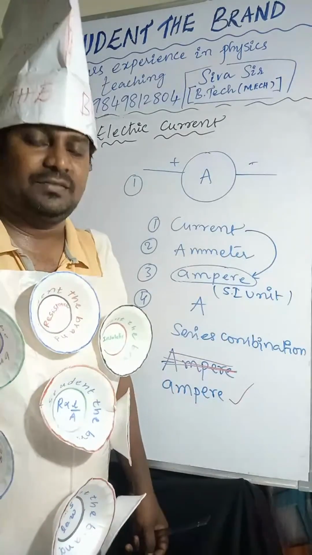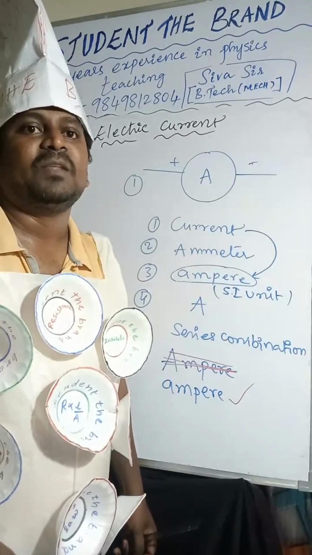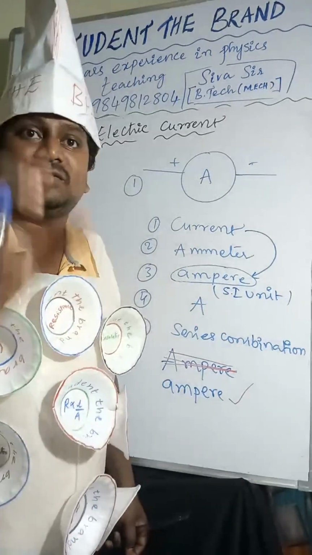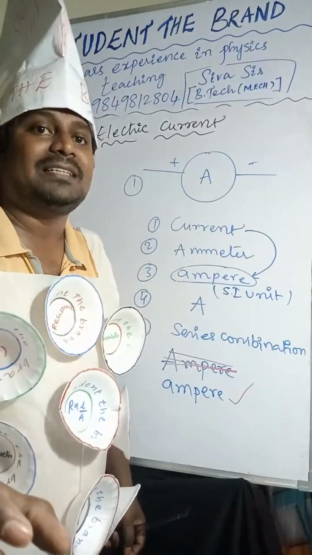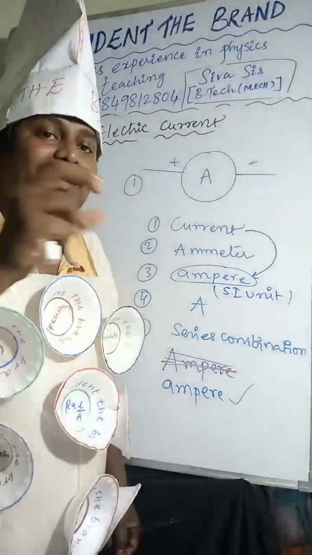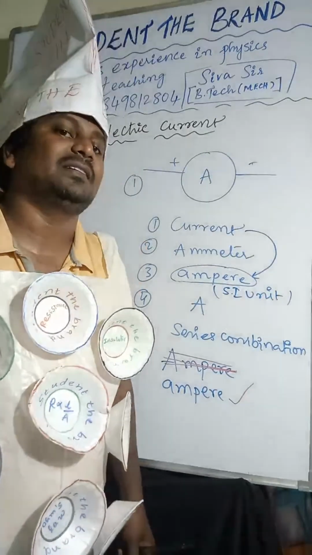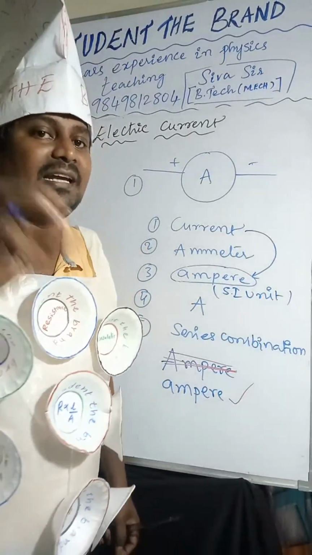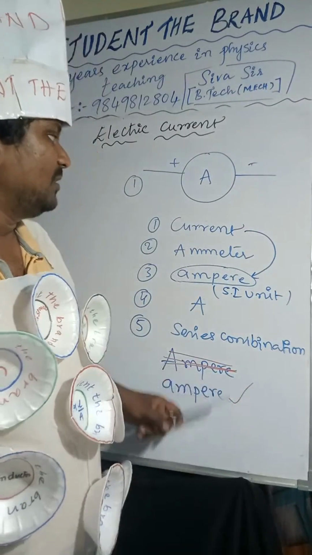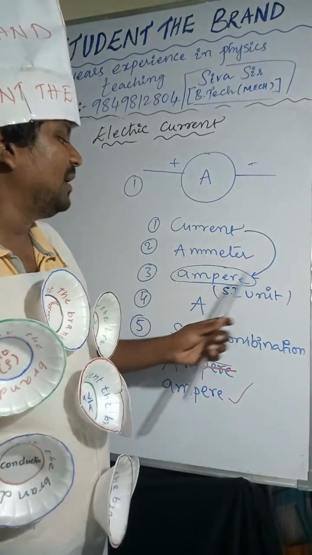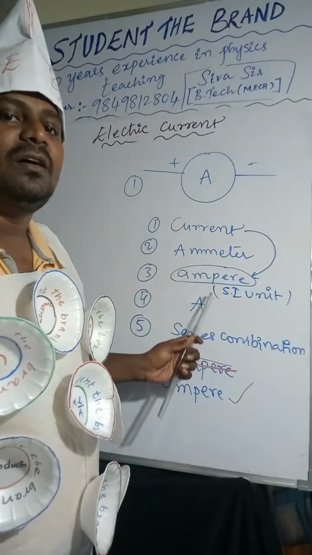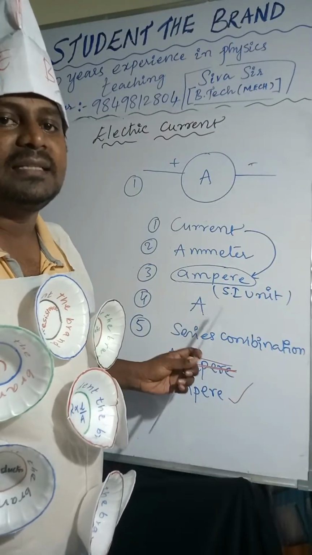According to physics, you must write ampere, ohm, coulomb, all in small letters. The starting letter must be small. So the SI unit of current is ampere, but the symbol you can represent with a capital letter.